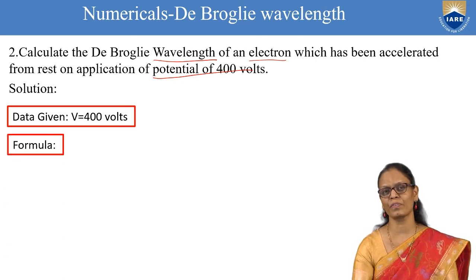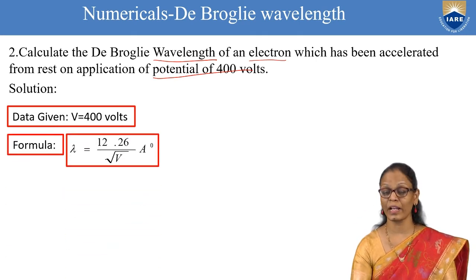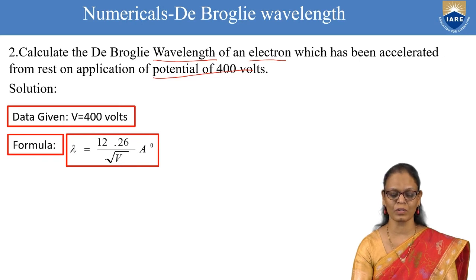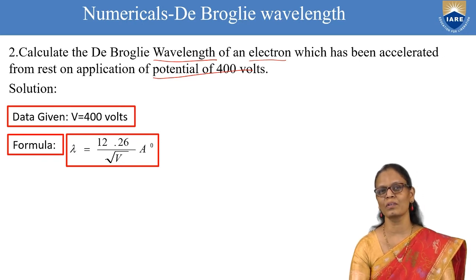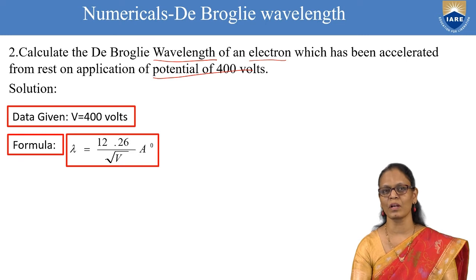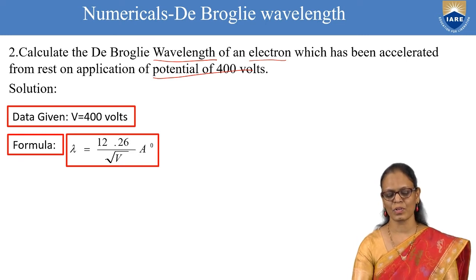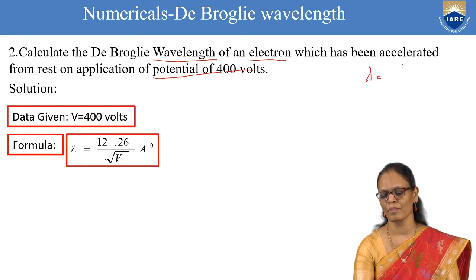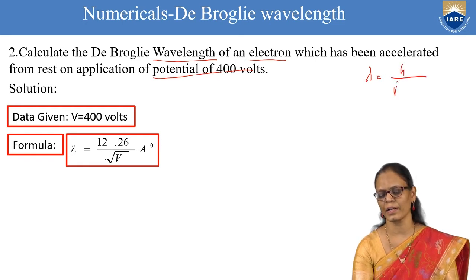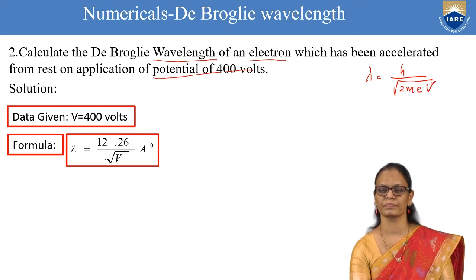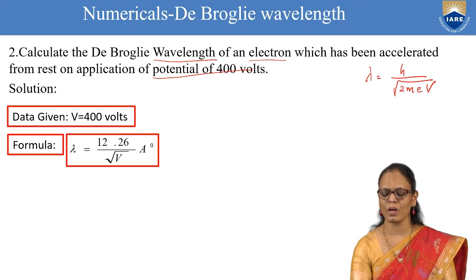So which formula do we use here now? We can directly use lambda is equal to 12.26 upon root V, because it is an electron and we have already derived this. It is coming from lambda is equal to h upon under root 2meV. I told you h is a constant, 2 is a constant, m is constant, e is constant.